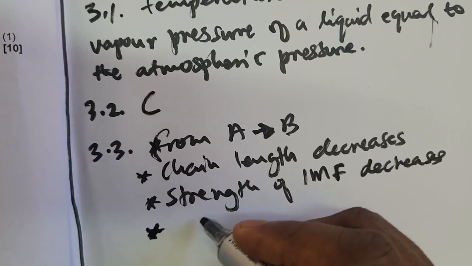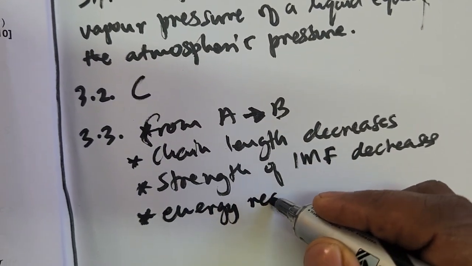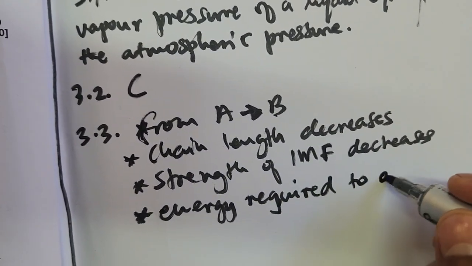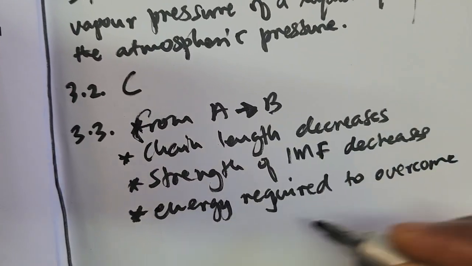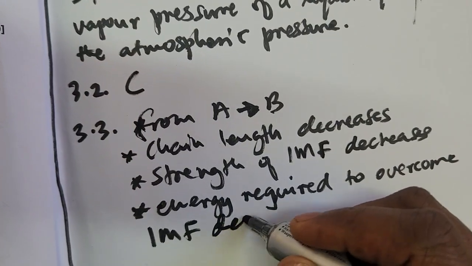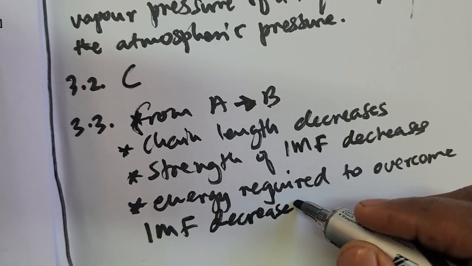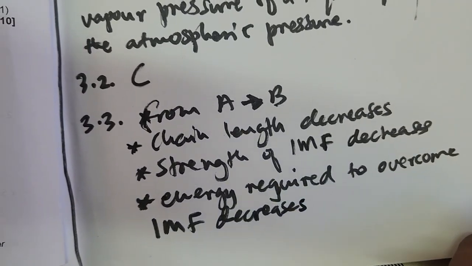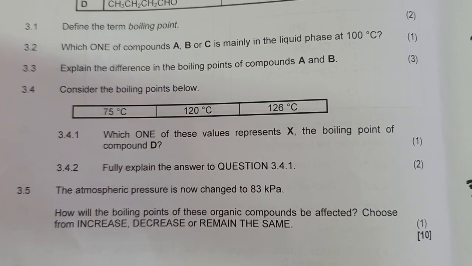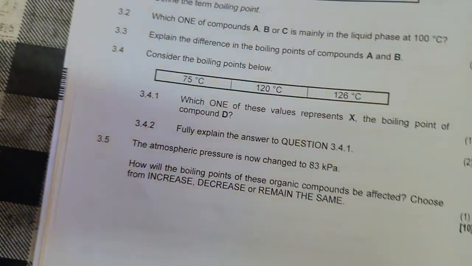And then the third one, the energy required to overcome the intermolecular forces decreases as well, because we are moving from the longer one to the shorter one. If it was from B to A, it would be the opposite. That's where you get the 3 marks in this case. The explanation was 3 marks. That's how we get 3 marks in an exam.